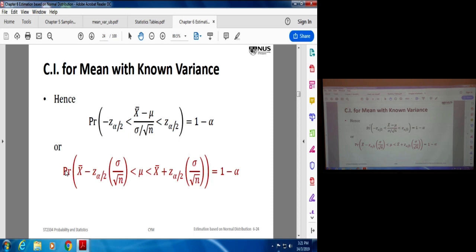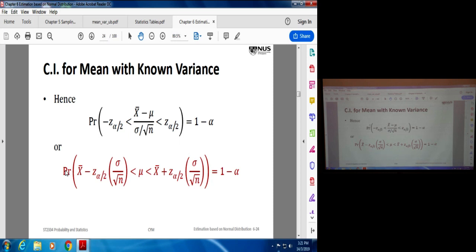This is z alpha over 2, and this area here is alpha over 2, and here is minus z alpha over 2, and this area is also alpha over 2.